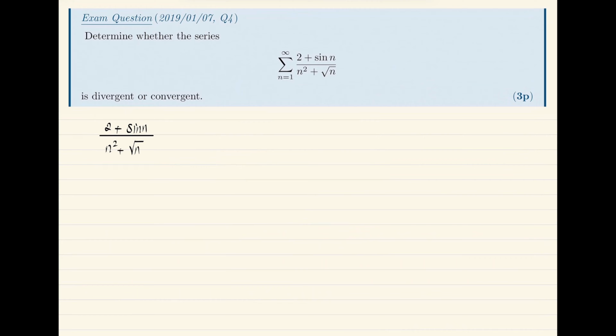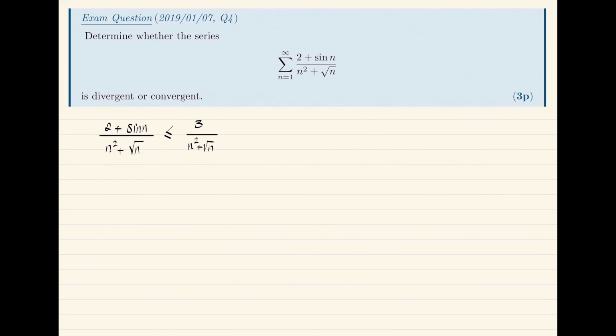So then I should bring another expression here so that this one is less than that one and that one is convergent. That's very easy because, for example, I can say that the expression is less than 3 divided by (n squared plus square root of n). Why is that? Because these two fractions have the same denominator, but the numerator of the first one is at most 3, because at most sine n is equal to 1.